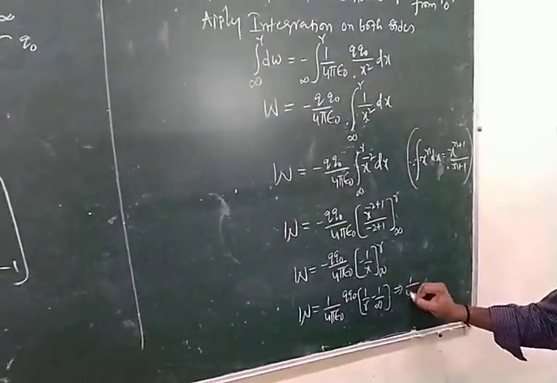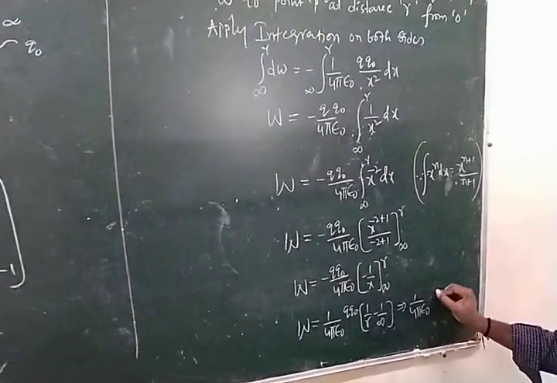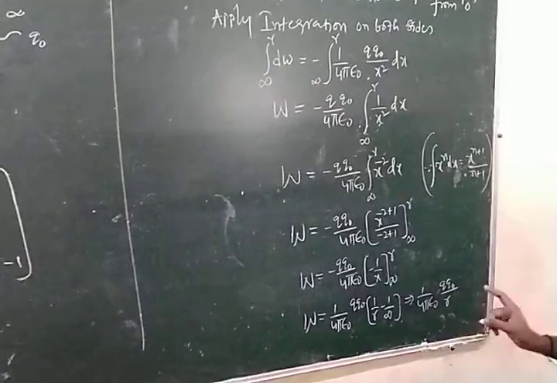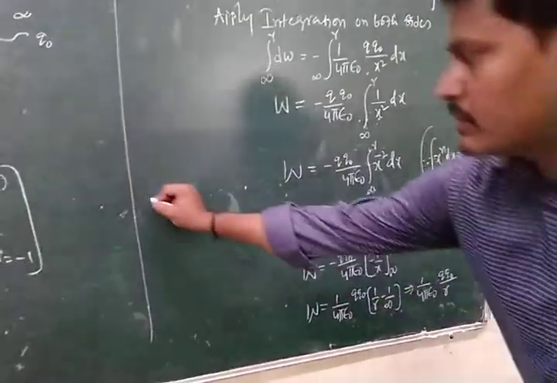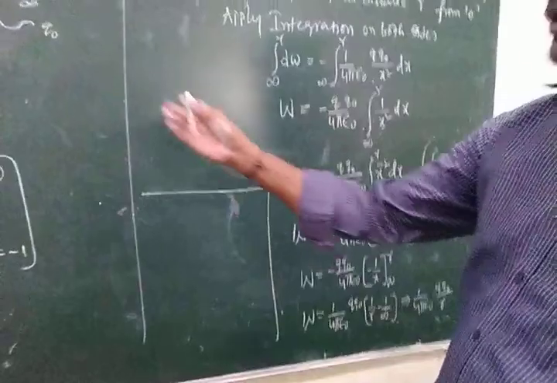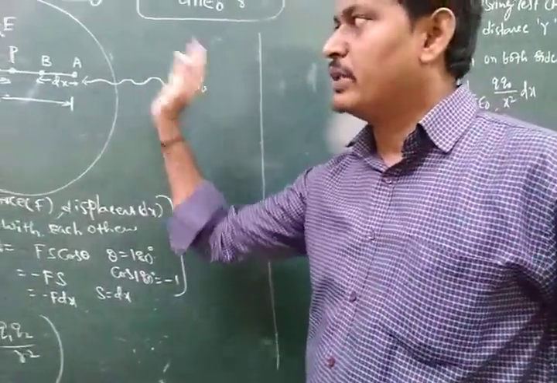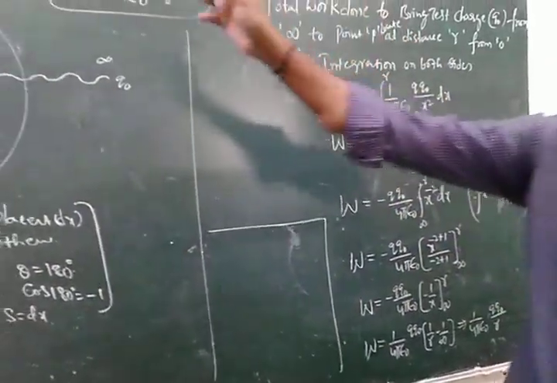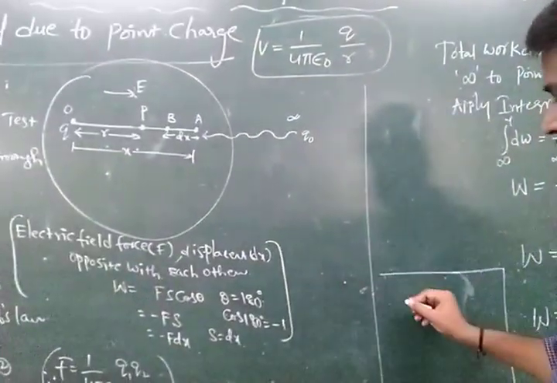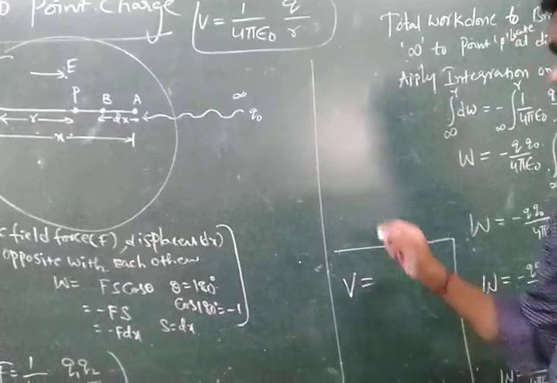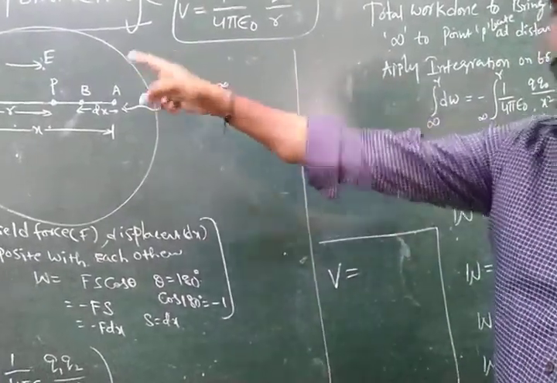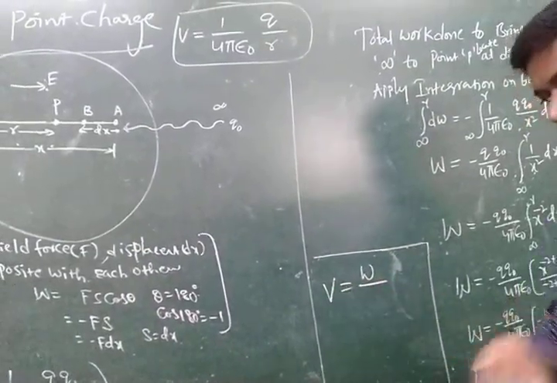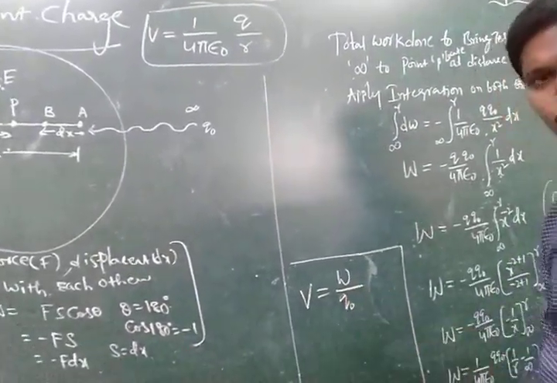Therefore 1 by 4 pi epsilon naught Q naught divided by R. This is the work done in bringing a test charge from which point to which point? Infinity to point P. So according to the definition of electric potential, the work done to bring a test charge from infinity to a point against the electric field is called electric potential, W by Q naught.